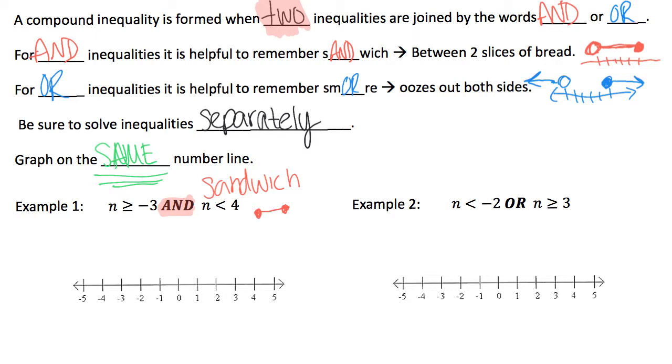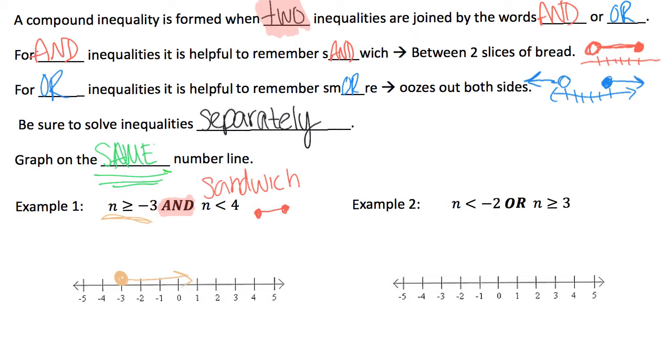So we're going to graph this first one. This is a closed circle at -3, and it's coming this way.